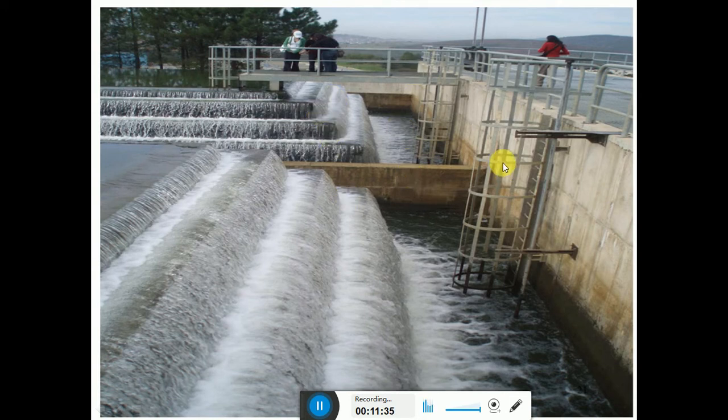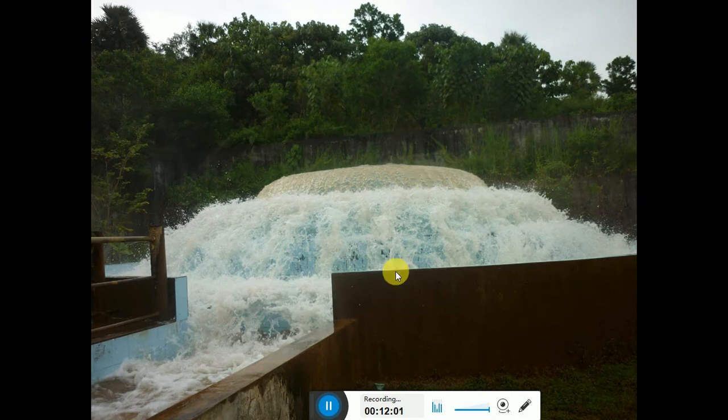This structure is constructed of concrete, and it is made so that one can ascend or descend into the aeration system for repairs and cleaning purposes. These are the steps which are provided to create turbulence in the water stream. And these are circular ones.